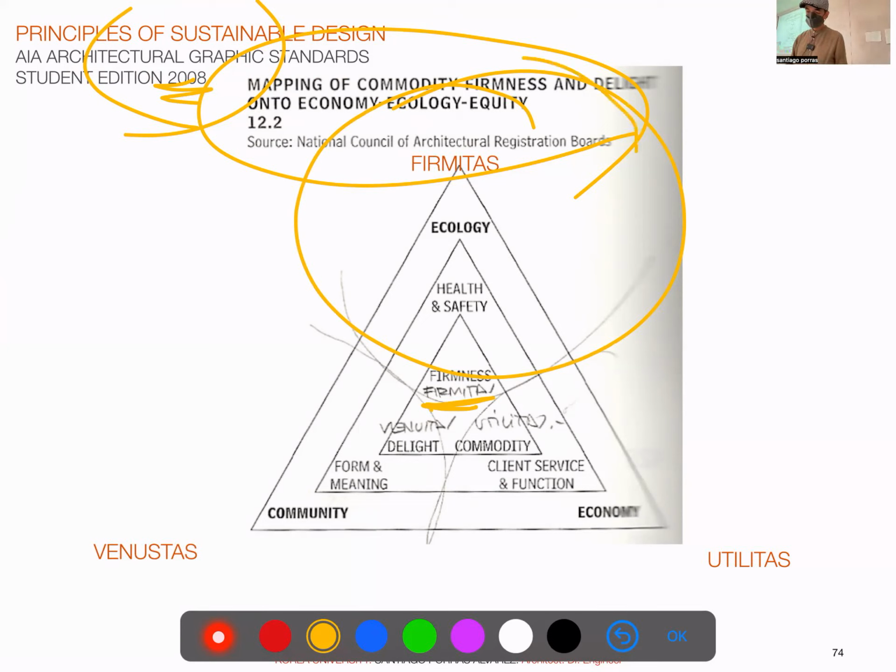So for firmitas about ecology, this is the modern vision: proper construction is more ecological, and more healthy and safe. In the end, the Vitruvius firmitas.